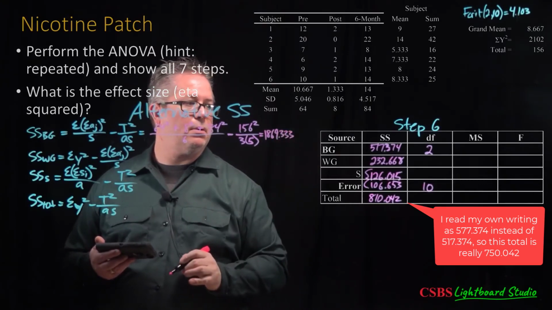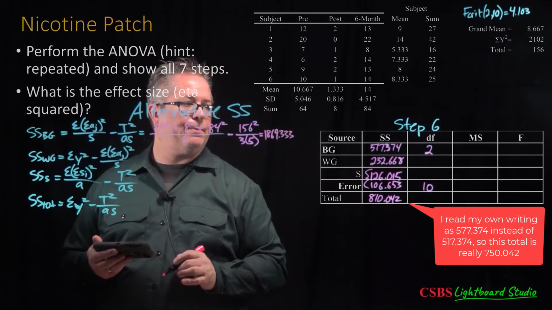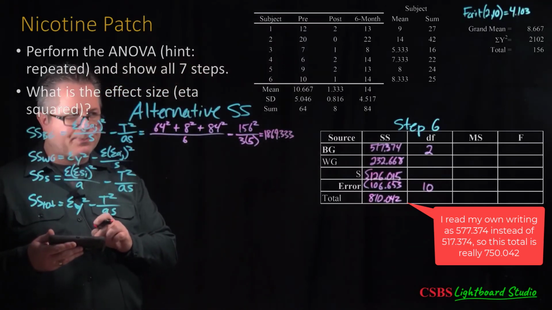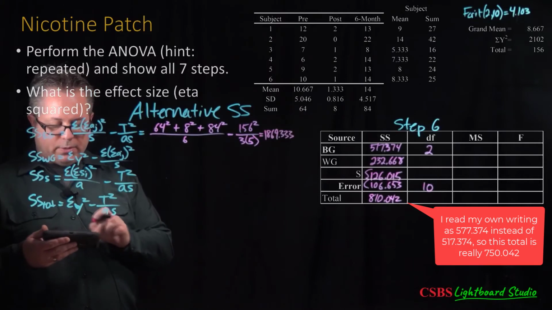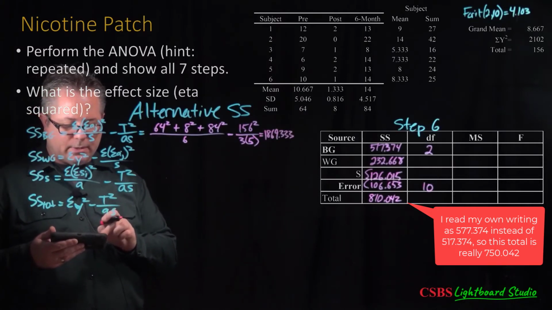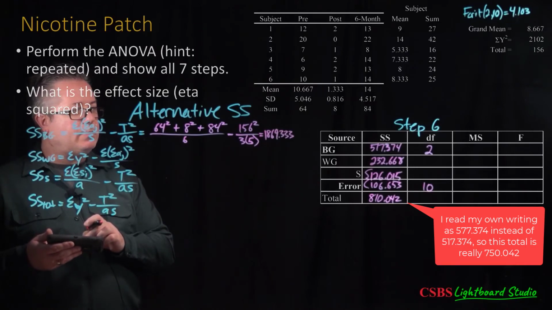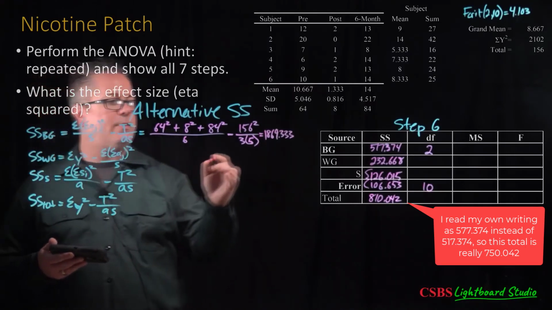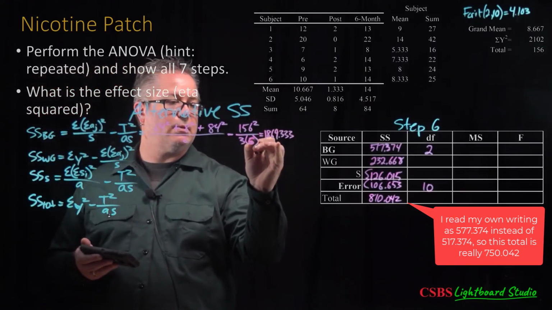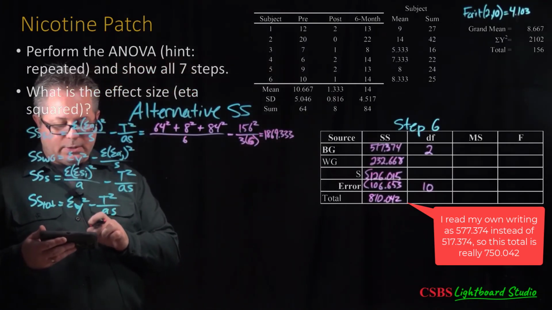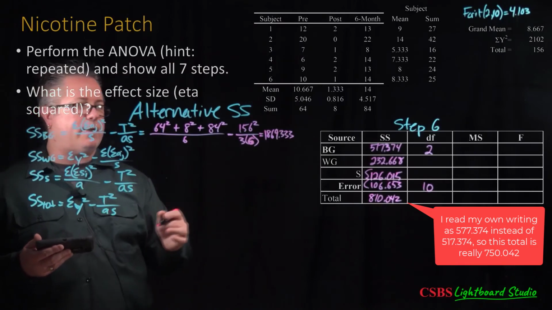And then 156 squared divided by 18. It's not 3 times 5, it's 3 times 6 subjects. 3 times 6 is 18, divided by 18 equals 1352.